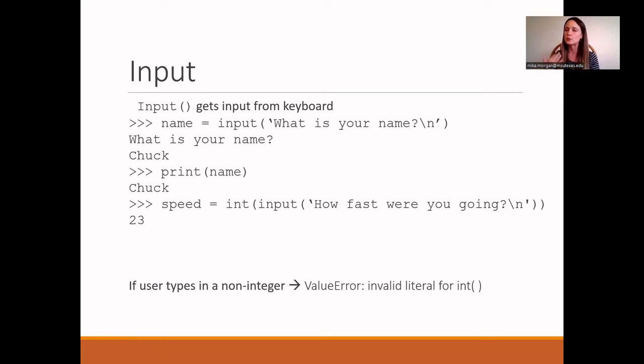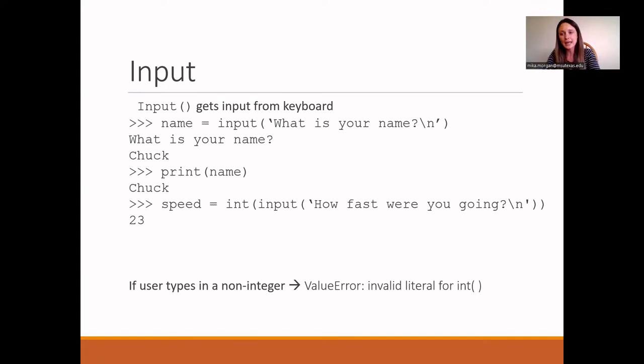And then it's going to read in their answer. It's actually going to pause and wait for the person running the program to type in a response. And then it will read in the response and store it here in this variable. The big thing to know is it's always going to get stored as a string. And sometimes that's not what we want.